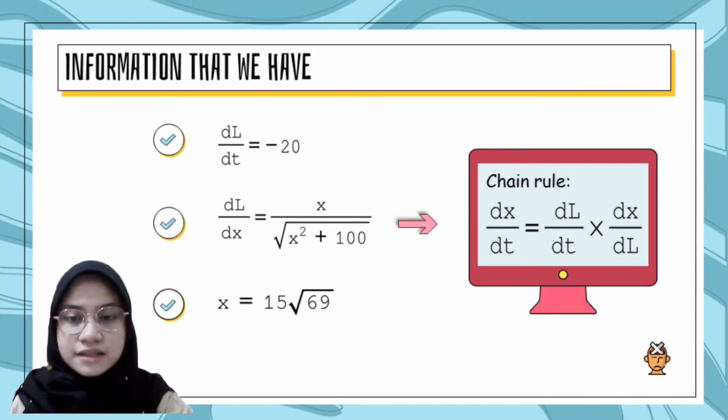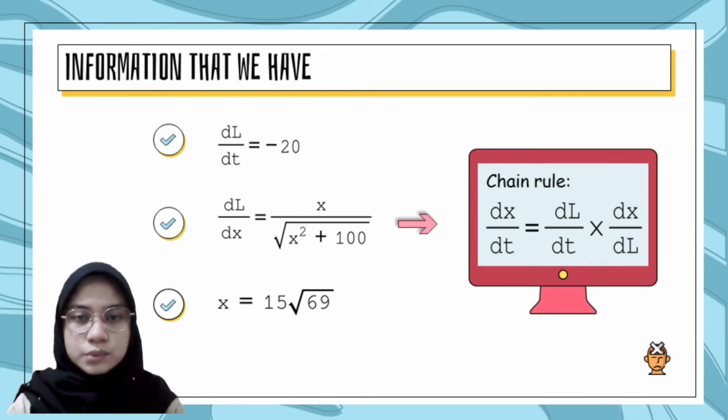After the first and the second steps, we have a lot of information now. We have dL over dt equal to negative 20. We have dL over dx equal to x over square root of x squared plus 100. We have x equal to 15 square root 69. So now, how do we get dx over dt?